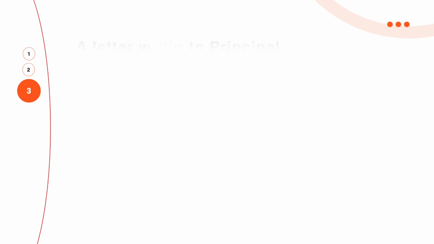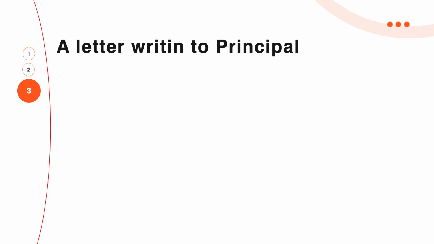Now here is a letter to a principal. When you are writing a letter to the principal, it is like this. It's an example letter. So here it is. 44 Green Valley Road, Pune. Now the pin code of Pune is 411045.